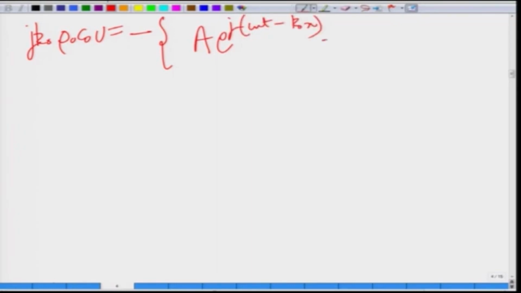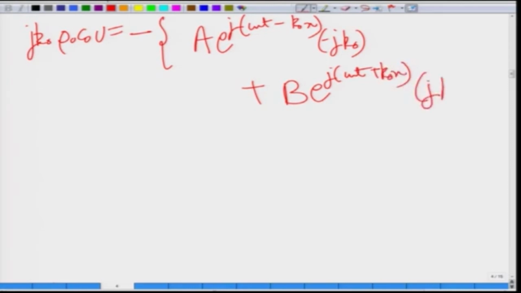So, here there will be minus j k naught plus j k naught.